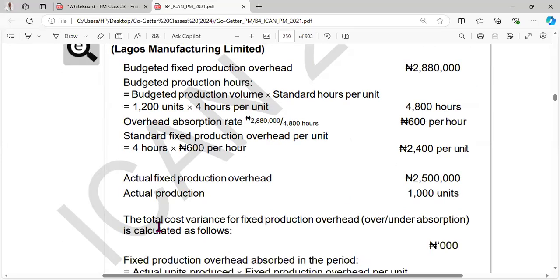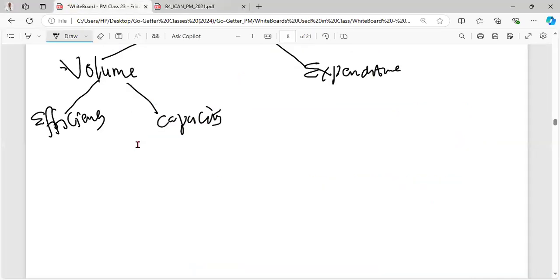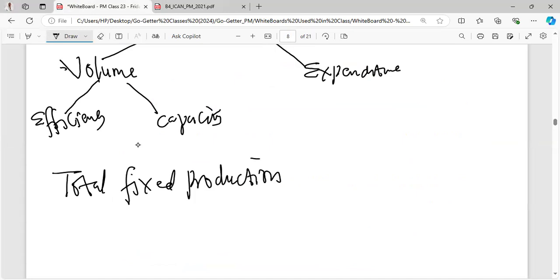Now we are told to calculate the total cost variance for production overhead. So this is how we are going to do it. What we are asked to do is total fixed production overhead.